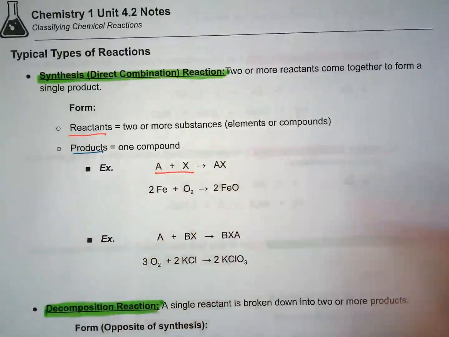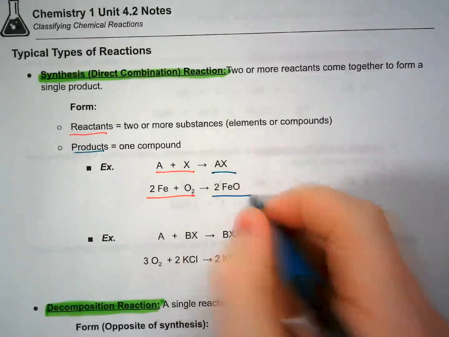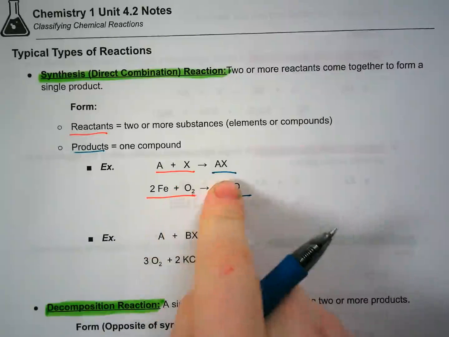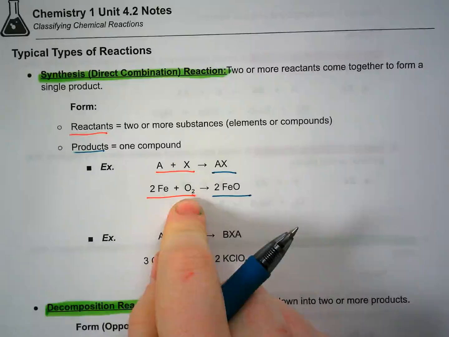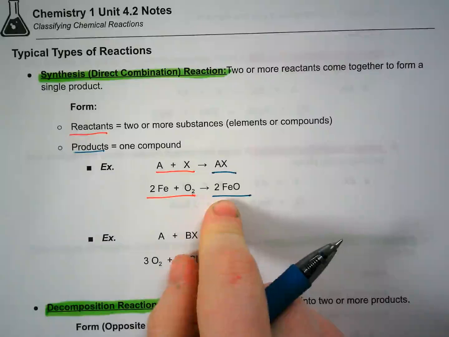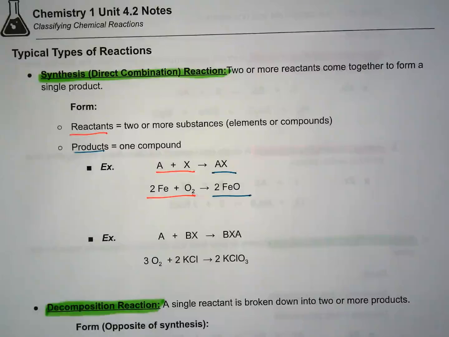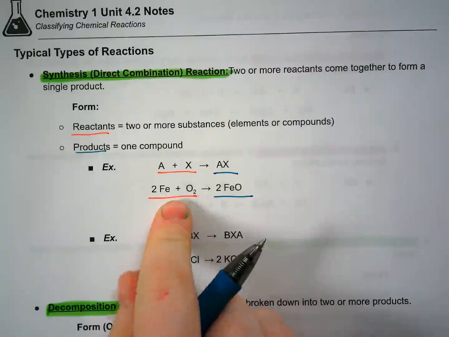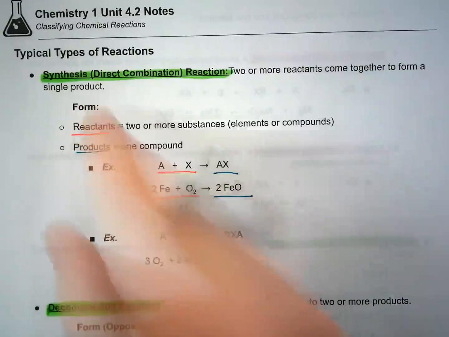Here are your reactants, and here's your product. Notice it's like A plus X yields AX. 2 atoms of iron react with oxygen gas and yield 2 formula units of iron oxide. That's synthesis: taking 2 things, sticking them together, and yielding 1 product. That is a synthesis reaction.